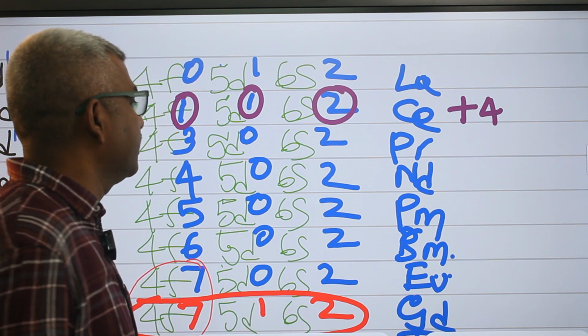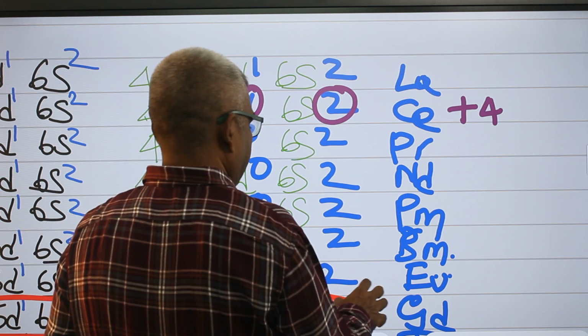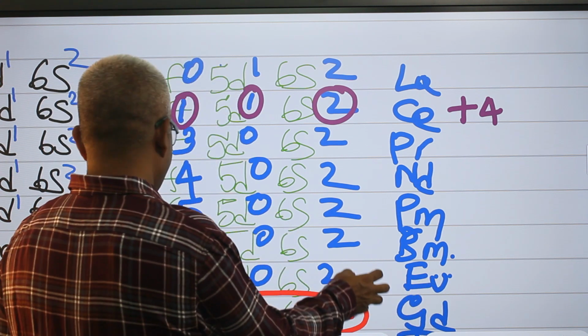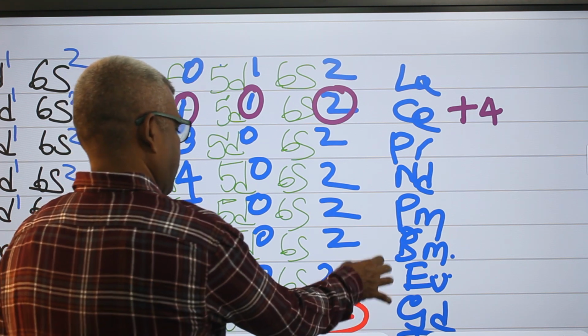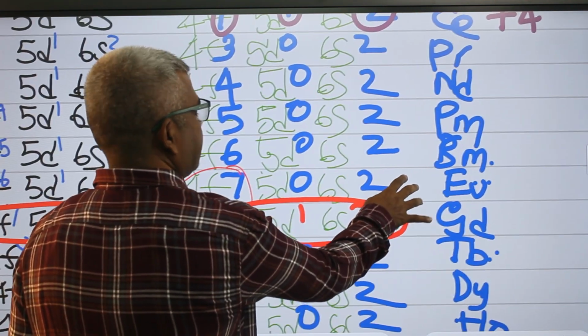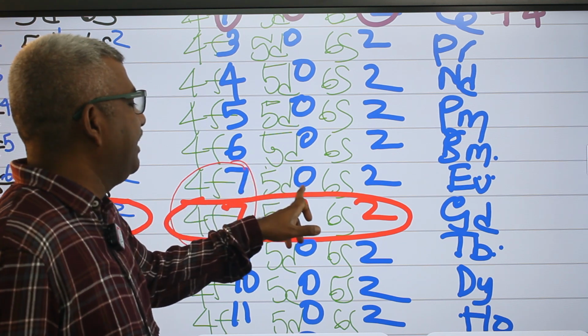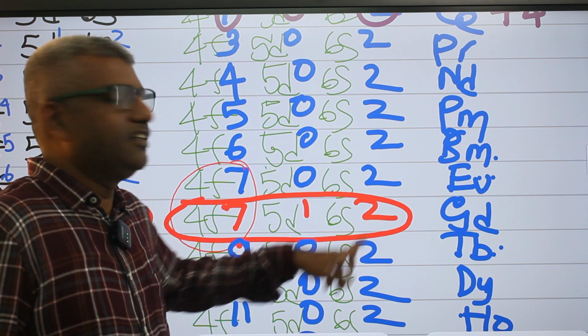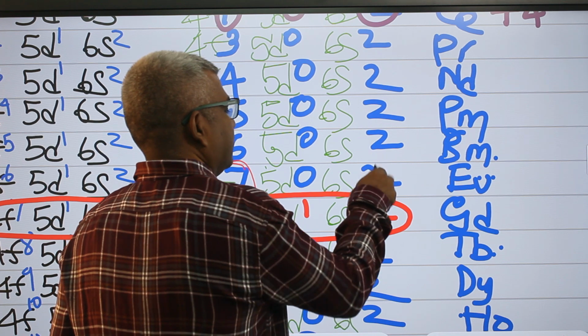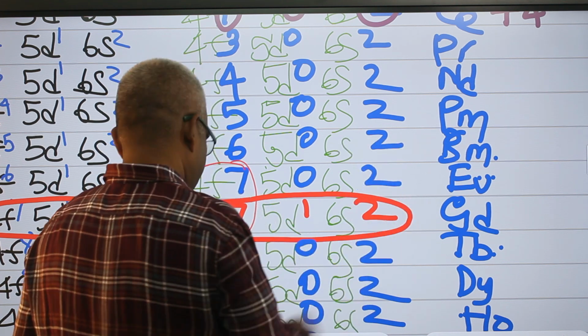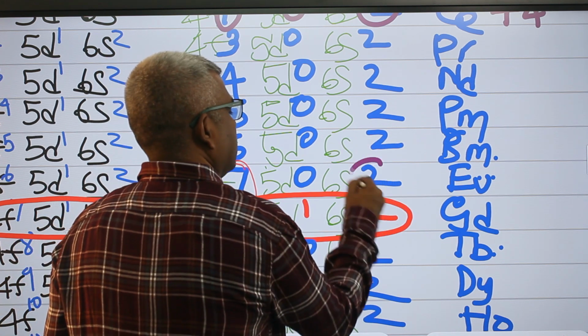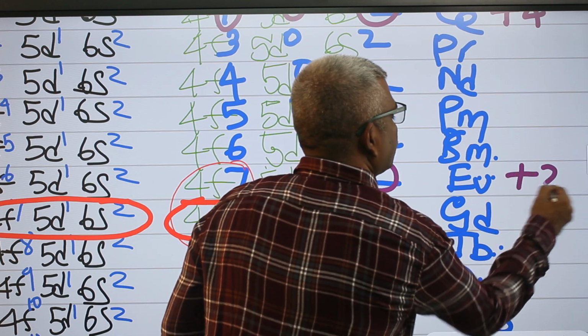Okay, we will now focus on what is a stable one. Promethium, samarium, europium. Europium, you see, 4f7, 5d0, 6s2 only. These 2 electrons: europium is +2.